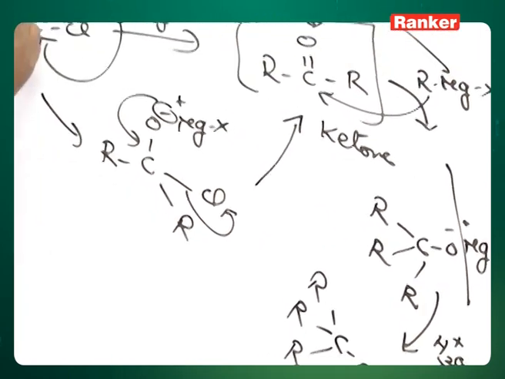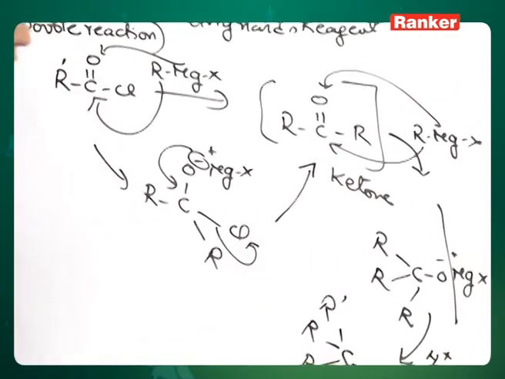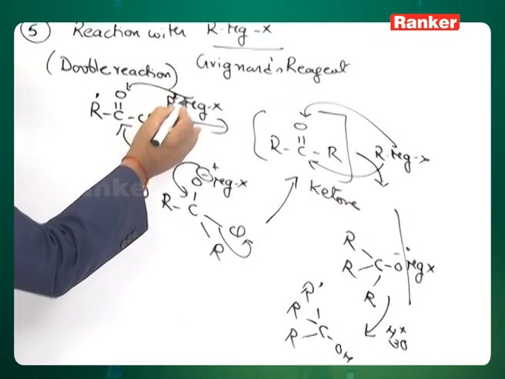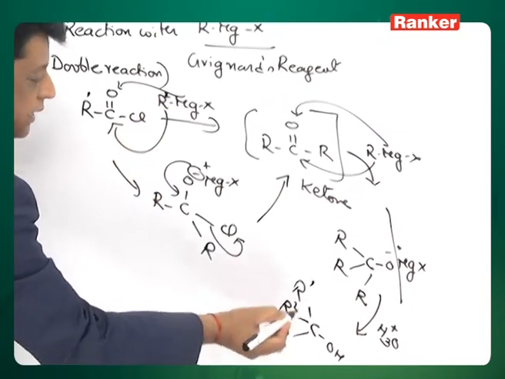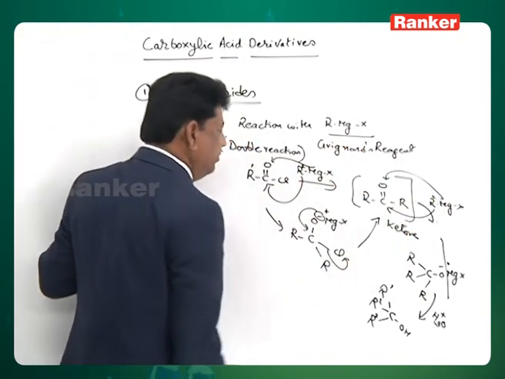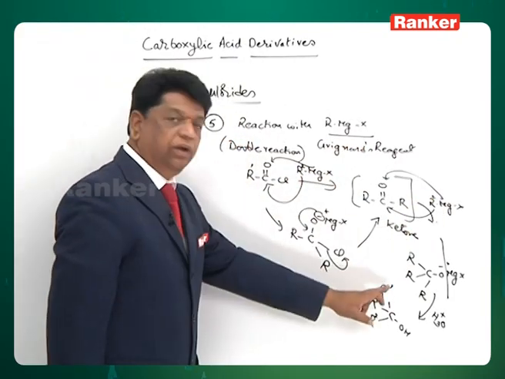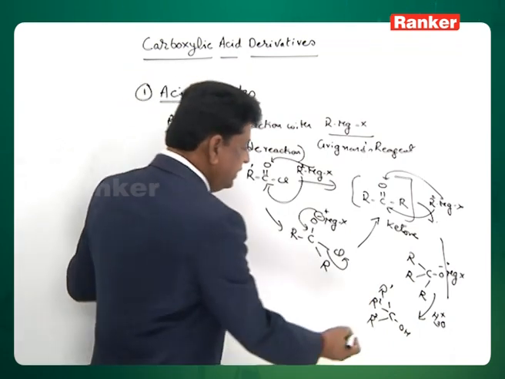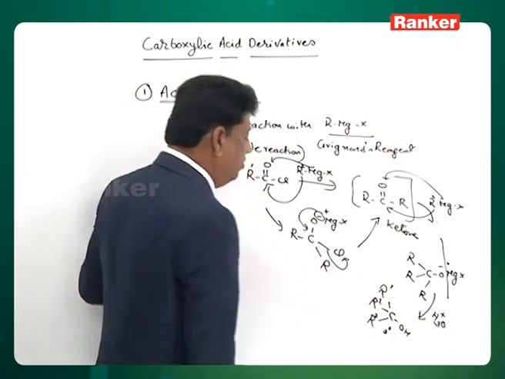So, let us take R1. This R1 is the only one which is the original one. If I take R2 here, this is R2 and this is also R2. So, 2 R2s are from the RMX, 1 R1 original one in addition to the 2 R's. So, a tertiary alcohol, a 3 degree alcohol, is finally formed.